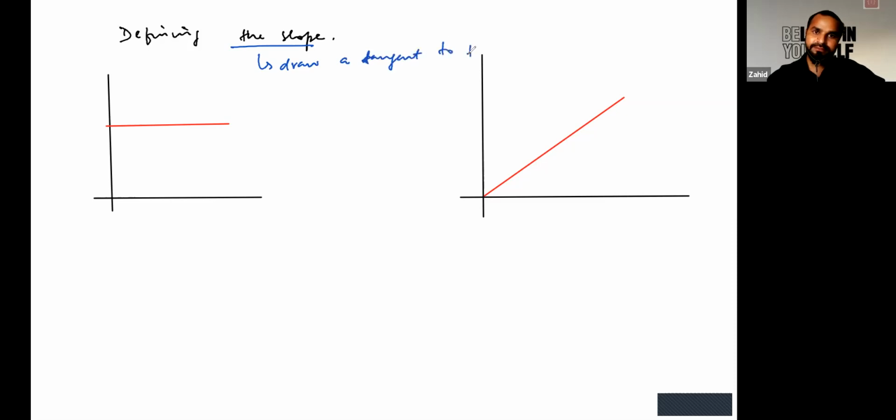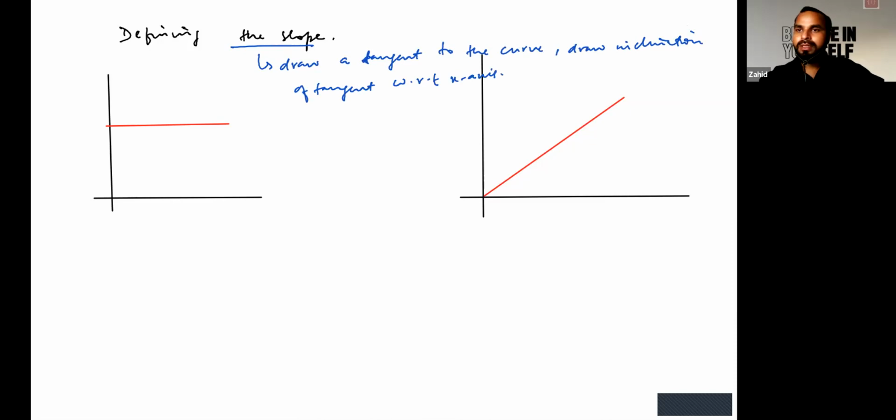So to define the slope, just draw a tangent to the curve and draw the inclination of the tangent with the x-axis. Okay. So the first expression is a straight line which is parallel to the x-axis itself. So if I draw a tangent, it will just coincide over it.